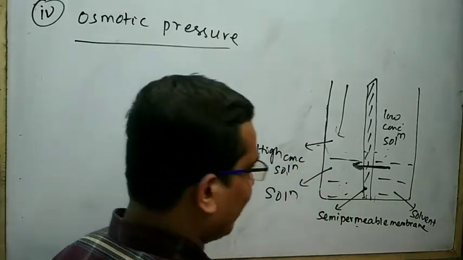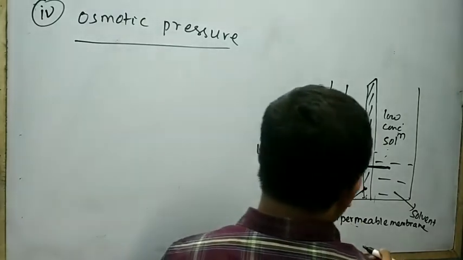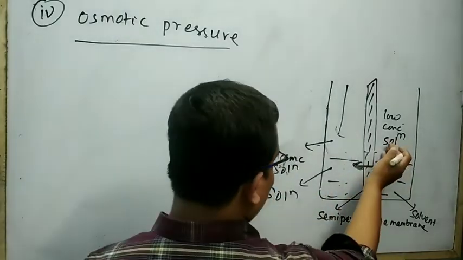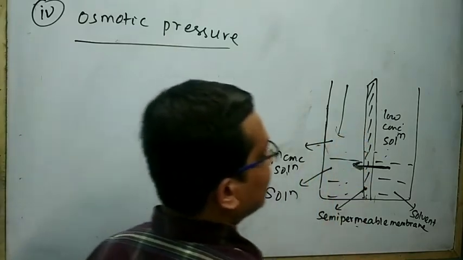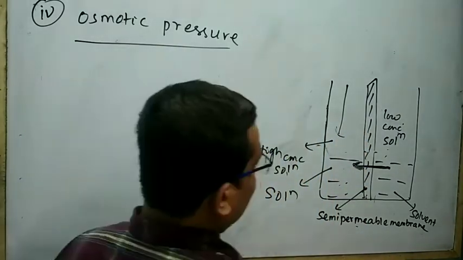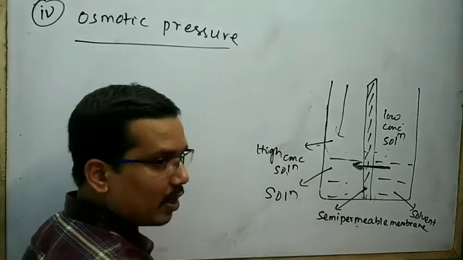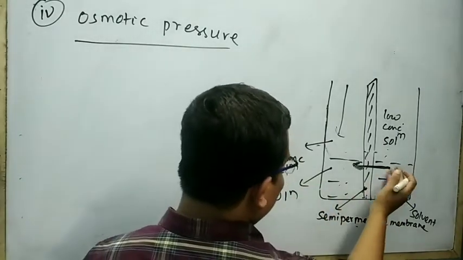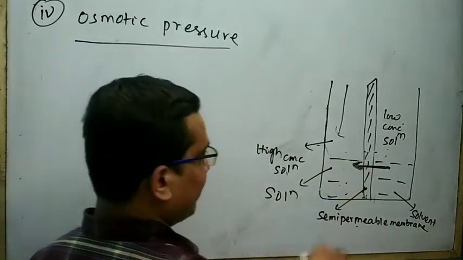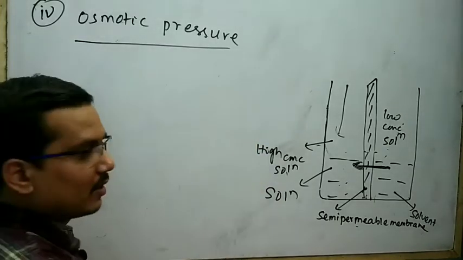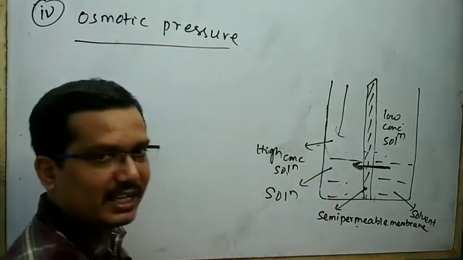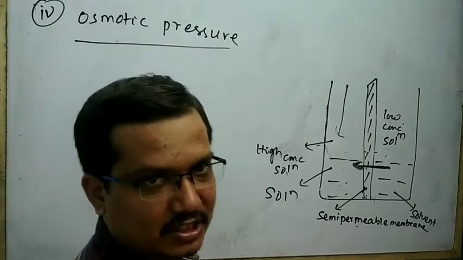Then what will happen? The solvent molecules flow from low concentration to high concentration through the semi-permeable membrane. The spontaneous flow of solvent molecules from this side to this side can be stopped by applying pressure. This extra pressure is called osmotic pressure.